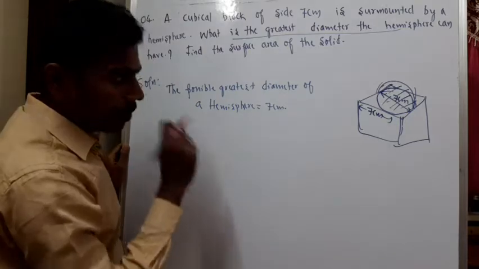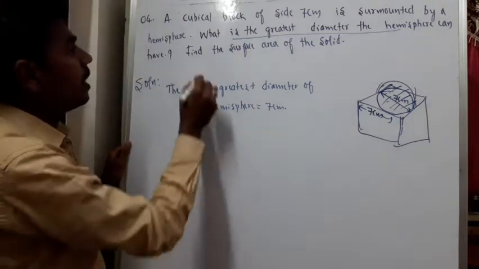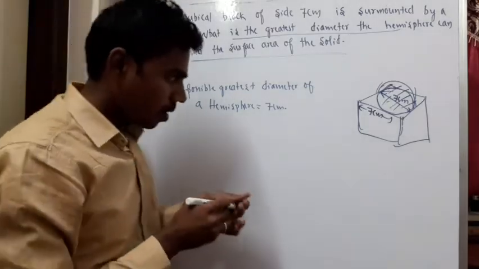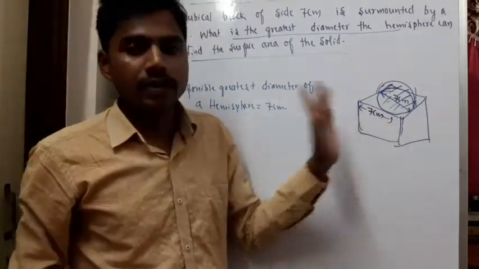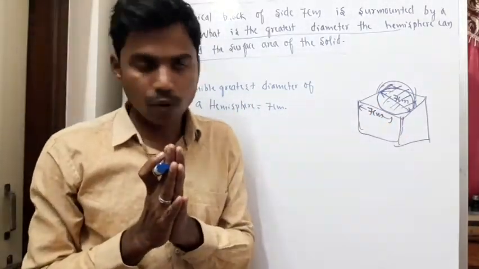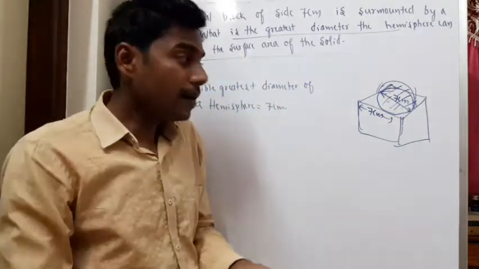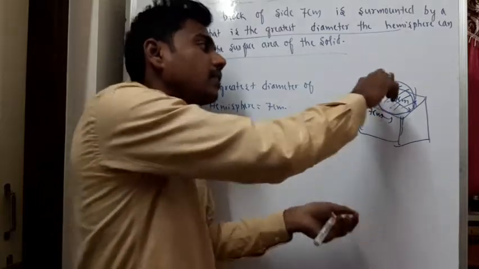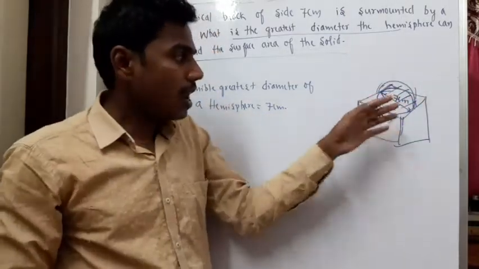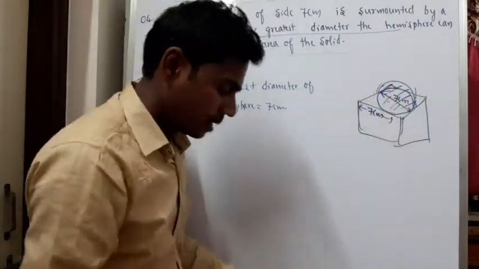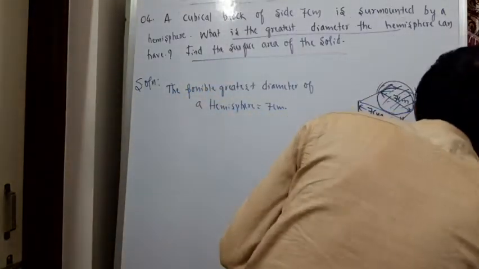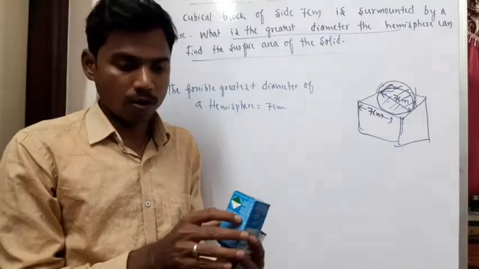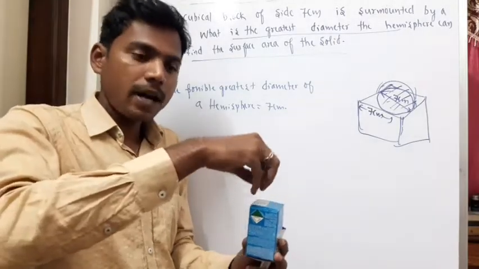Next, what do we need? We need to find the surface area of the solid. For finding the surface area of the solid, first we need to find the total surface area of the cube. Only this curved surface we are going to cover. Imagine this is a cubical box. I am surmounting a hemisphere on this.